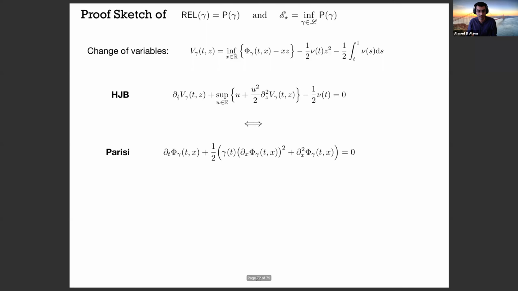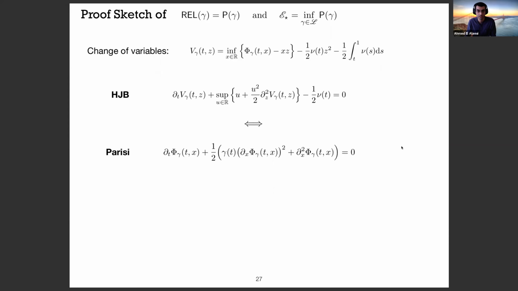Now, it turns out that this Hamilton-Jacobi-Bellman equation, if you plug in this ansatz, will turn into the Parisi PDE for this function phi. Okay. So this seems to fall out of nowhere, but there are reasons to expect that the Legendre transform has to play a role here, and indeed it does. So you can show this equivalence.